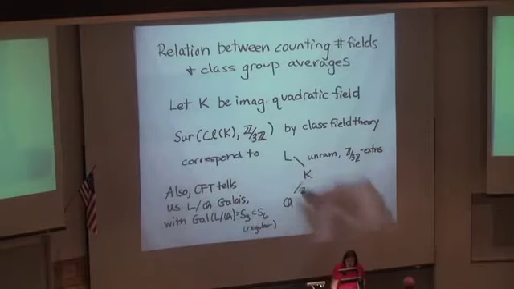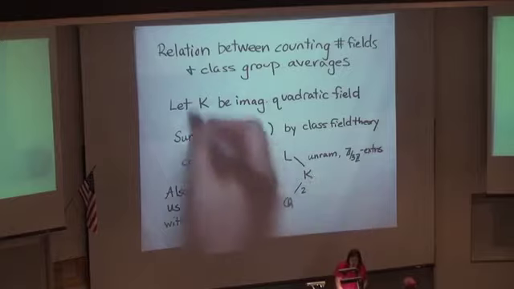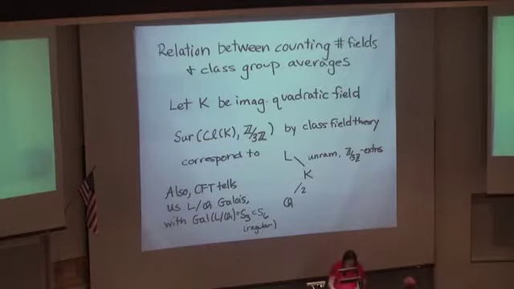That counting these surjections amounts to counting these L over Q that are degree 6 Galois with Galois group S3, and moreover unramified over their quadratic extension, which is imaginary.